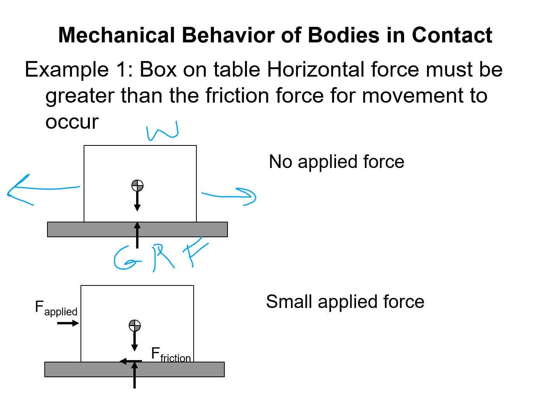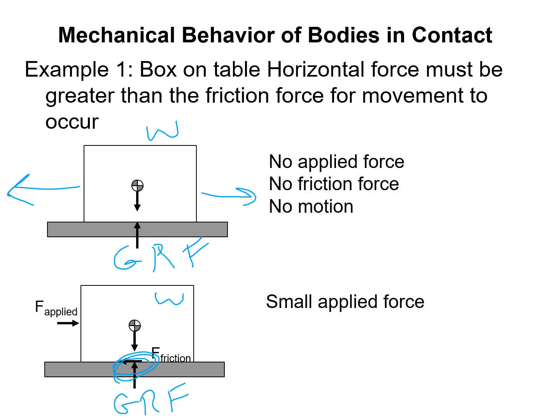So let's say we're pushing the box. We still have the weight of the box and our ground reaction force. But when we apply a little bit of force, we have friction in the opposite direction here. Okay, so with no applied force, we have no friction force, and we have no movement.